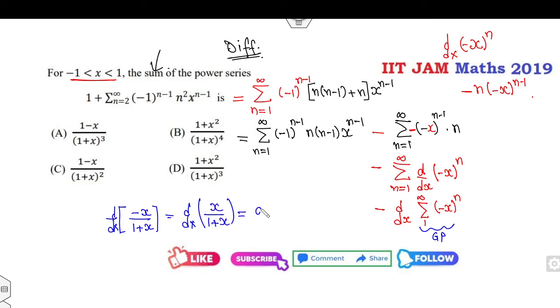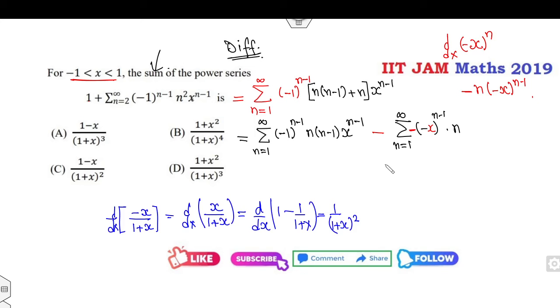Either you can use the product rule, u over v, or I can write this expression in this manner. So this expression is 1 minus 1 over 1 plus x. Is it okay everyone? Fine. So this expression, the sum is plus 1 over 1 plus x square.